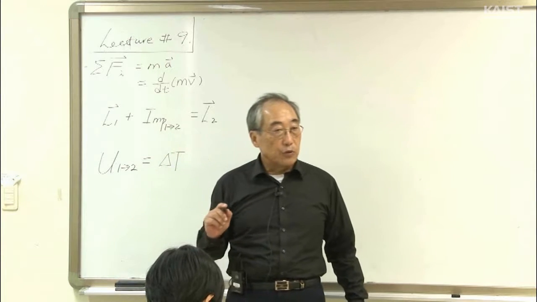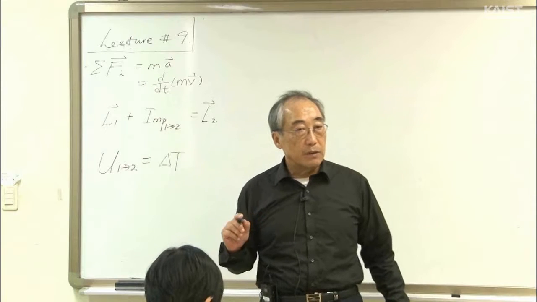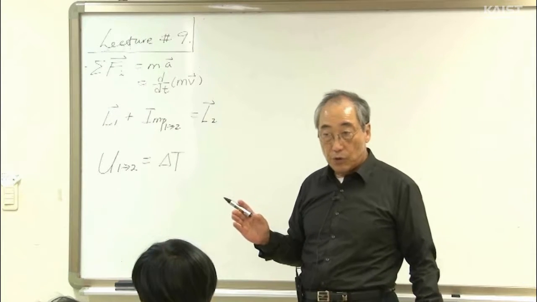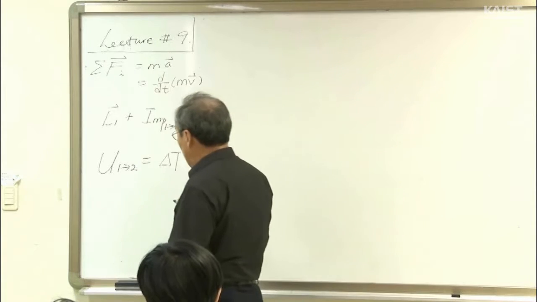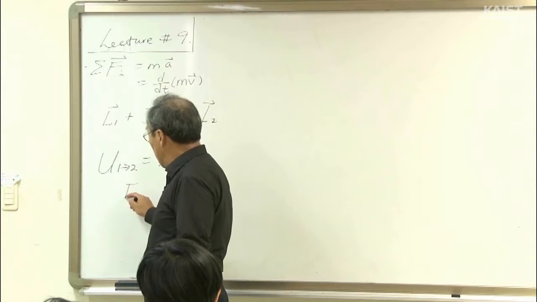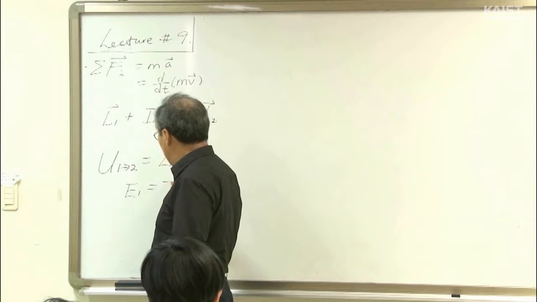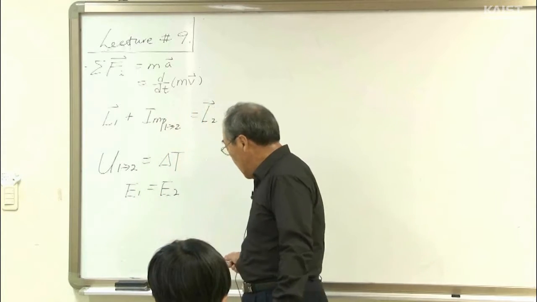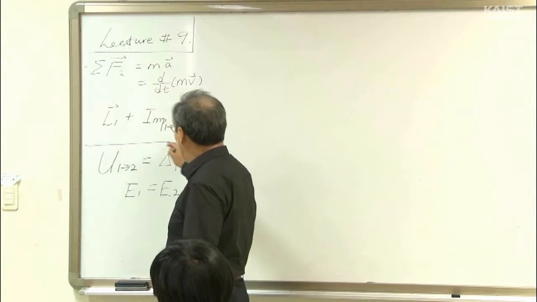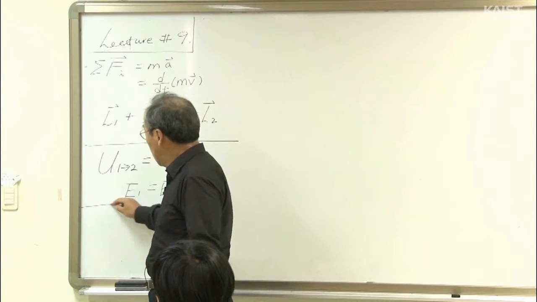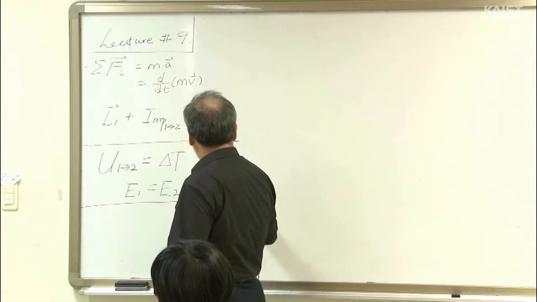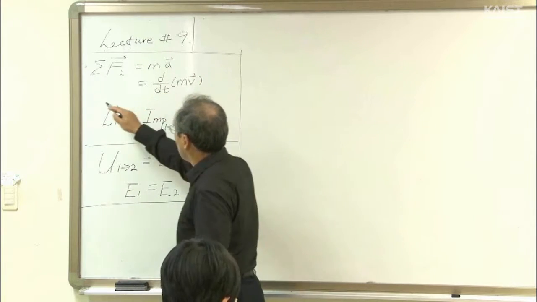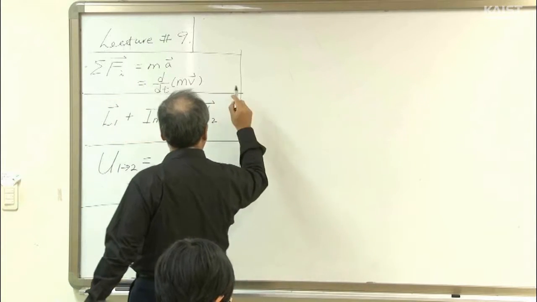If the force is conservative, for example, if there is no friction force, then energy will be conserved from state 1 to state 2. Note that this expression is a scalar energy equation, and the other equation is in vector form.